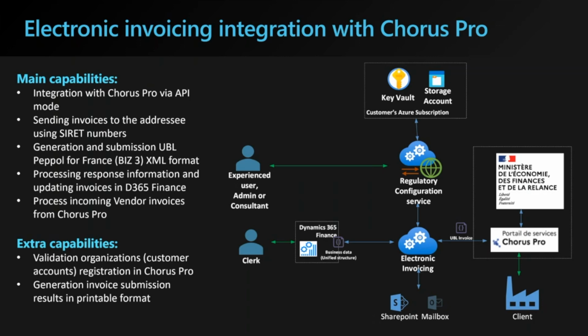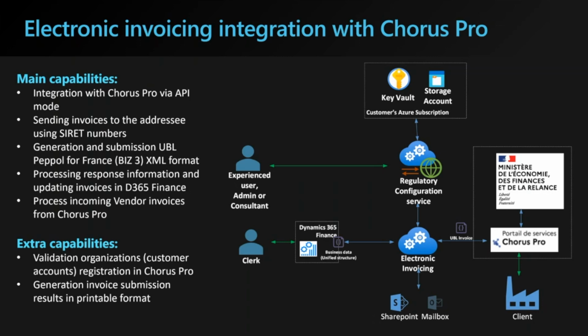When the clerk creates a customer invoice or pre-tax invoice or project invoice in your Dynamics 365 Finance or Supply Chain Management or Project Operations systems, this document initializes creation of electronic invoice in invoicing service.